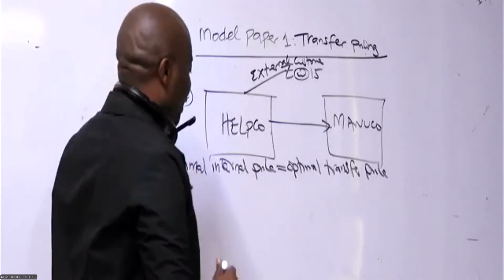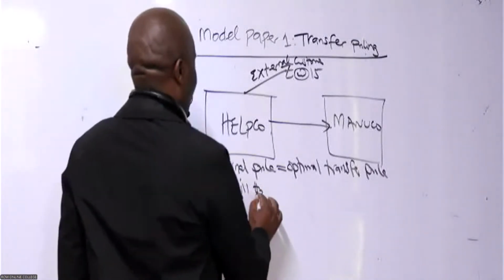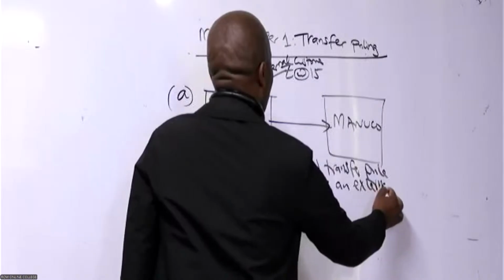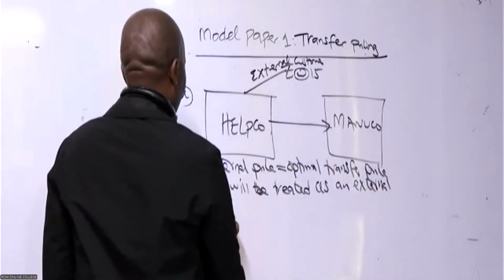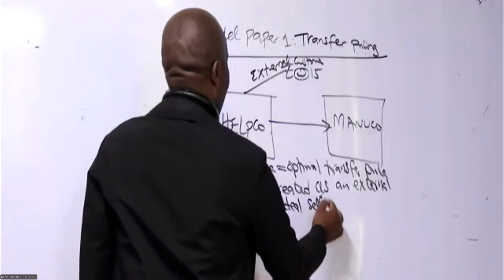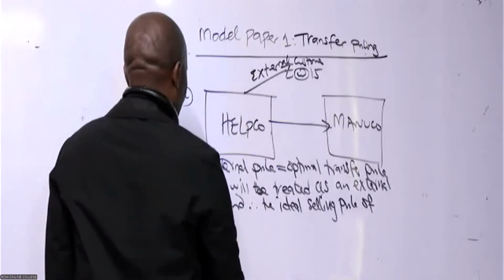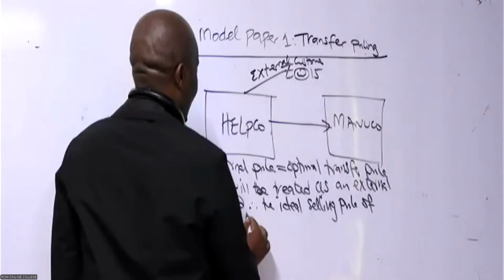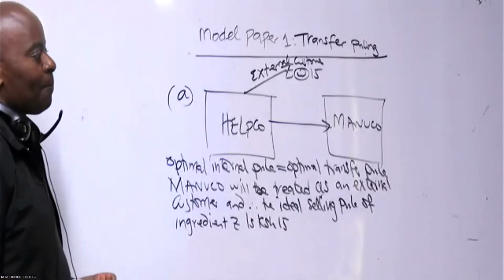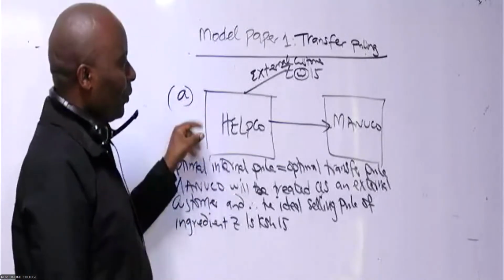So in this case here, we are saying that Manuko will be treated as an external customer, and therefore the ideal selling price of ingredient Z, yeah, is Kenya shillings 15.